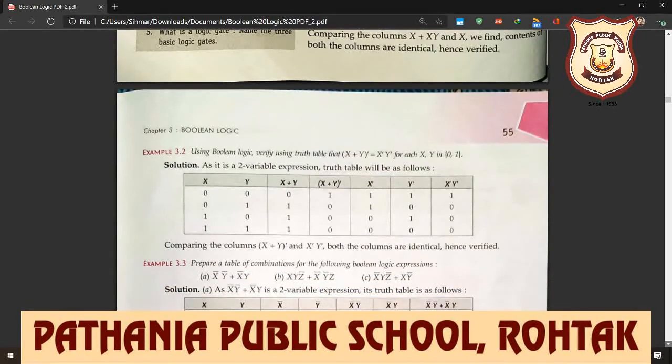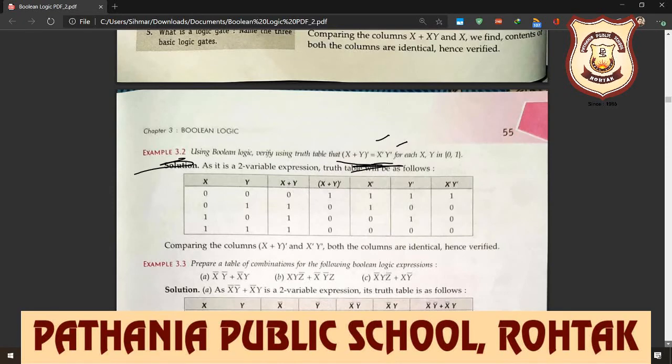So for example, we take the example number 3.2 here. In 3.2 example, our question is x plus y whole complement is equal to x complement y complement. So verify this condition. X plus y whole complement is equal to x complement into y complement.